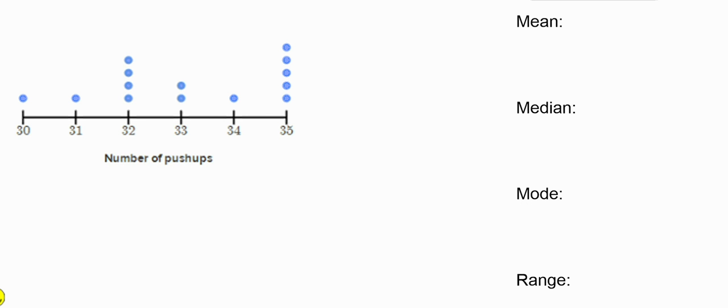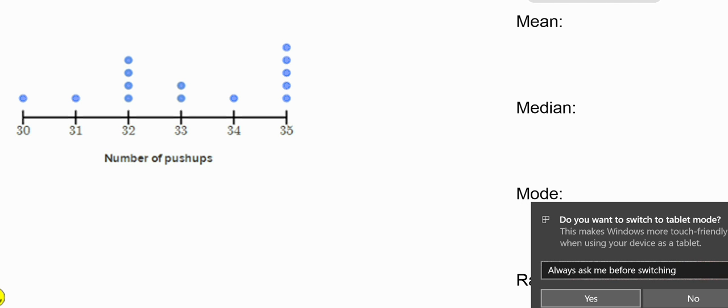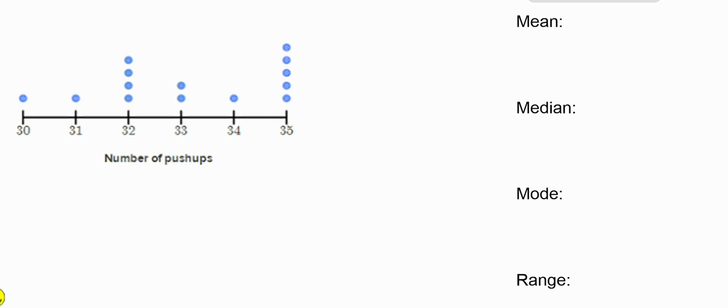So what we're going to do for that is just add up our numbers. I have the calculator with me, and I'm going to put 30 plus 31 plus 32 plus 32 plus 32 plus 32.